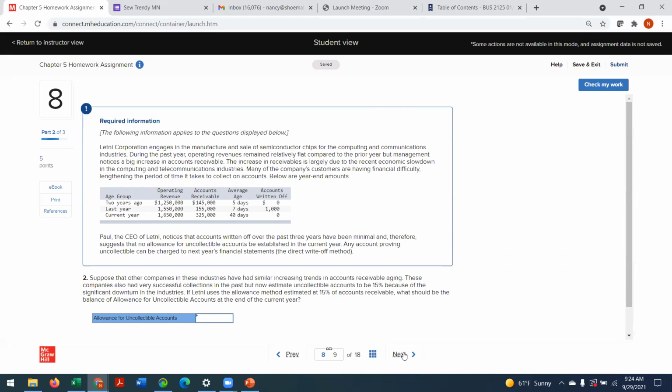If Lutney uses the allowance method estimated at 15% of accounts receivable, what should be the balance of allowance for uncollectible accounts at the end of the current year? How much would they say? 15% of accounts receivable.